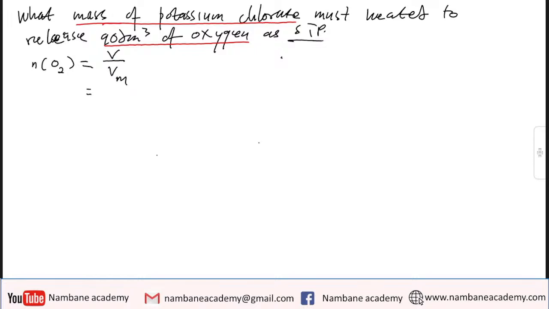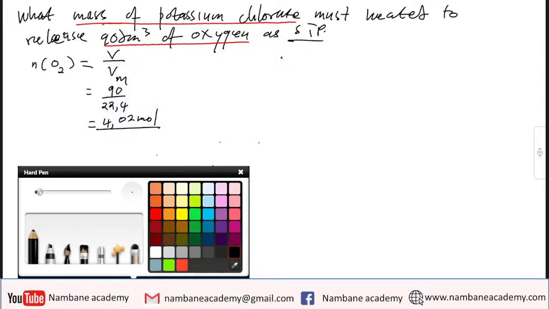When I do this, I have 90 divided by 22,4, and this will give me the number of moles of oxygen. So 90 divided by 22,4 will give us something like 4,02 mole.